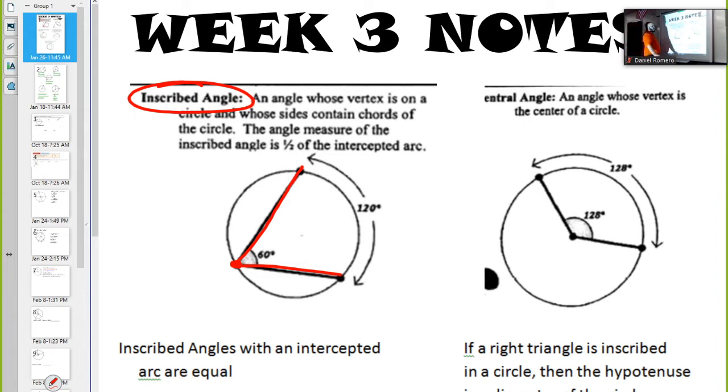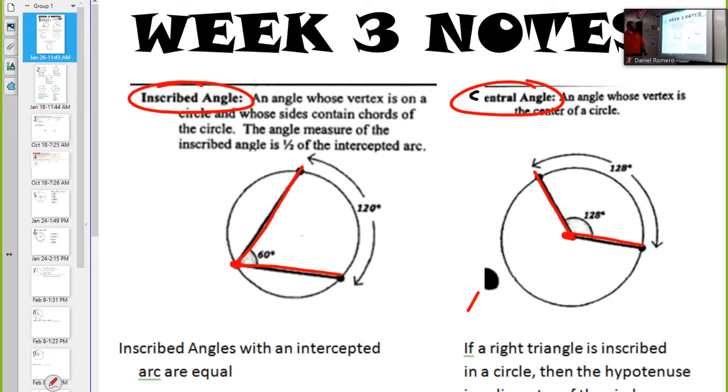If I have two radii that meet at the center of the circle, that is called a central angle. And what we want to learn is the relationship between those angles and the arcs that they intersect.